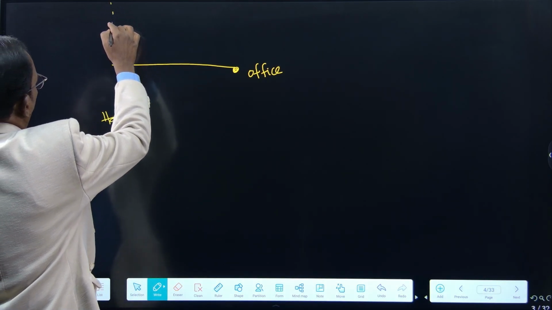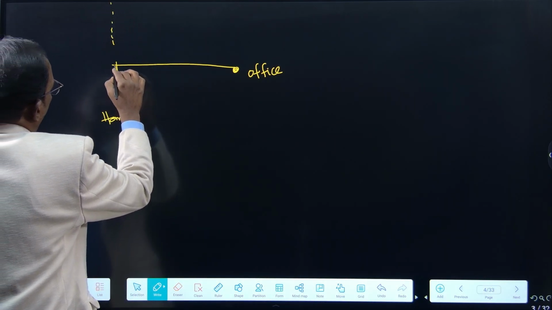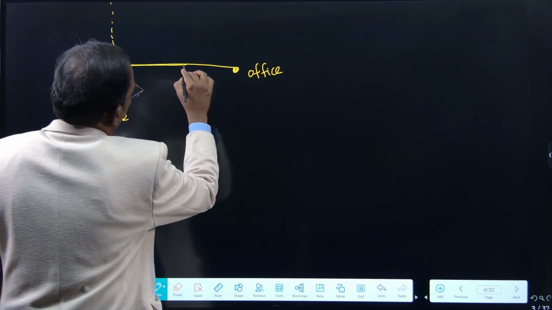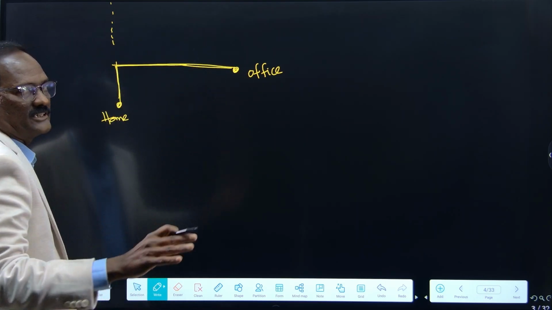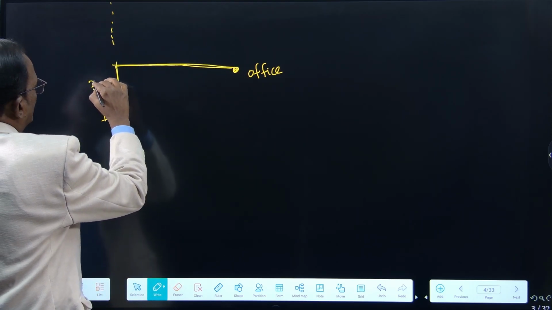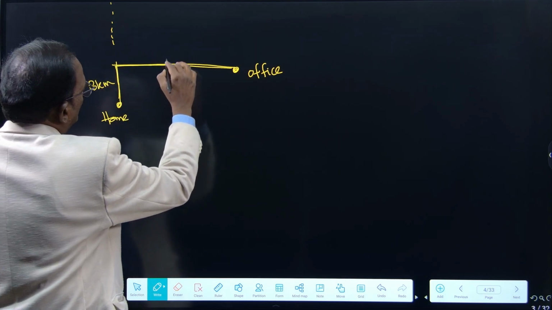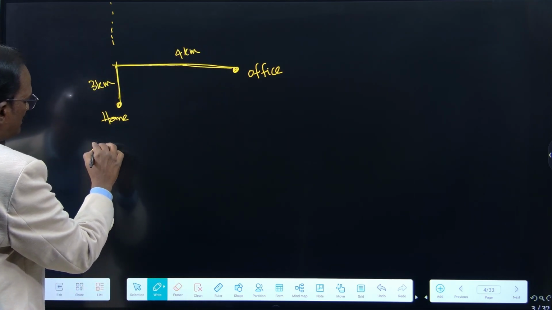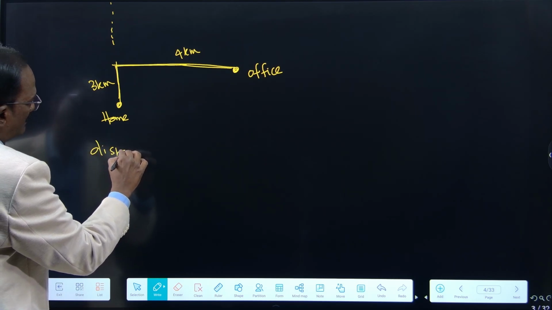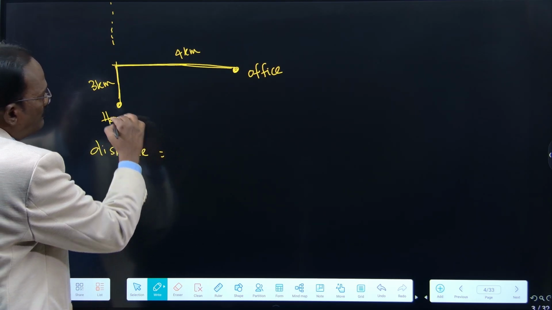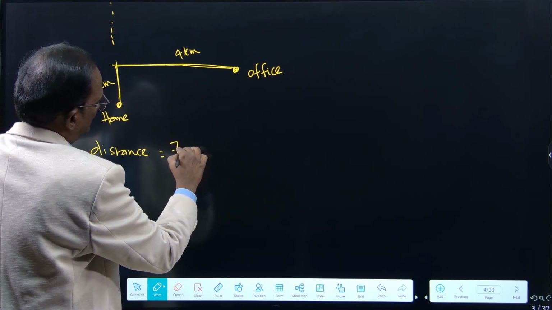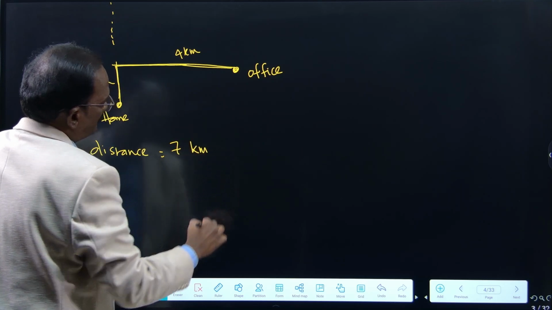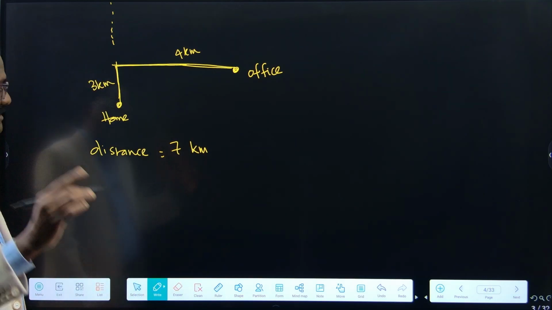There is a path here, so up to here he is moving, then he is moving horizontally. There are so many streets, assume. Let it be 3 kilometers. Let it be 4 kilometers. So the actual distance from home to office is 7 kilometers. The actual path length is the distance.